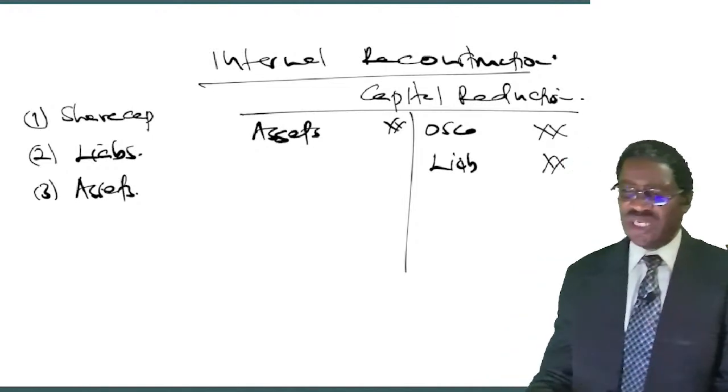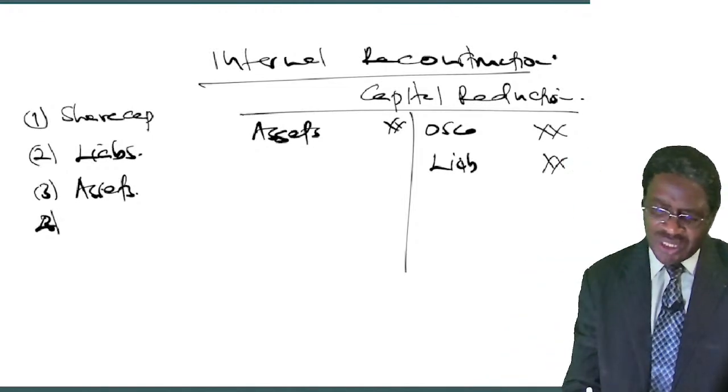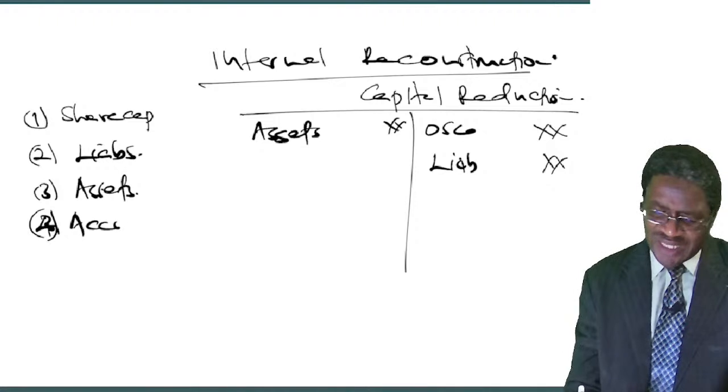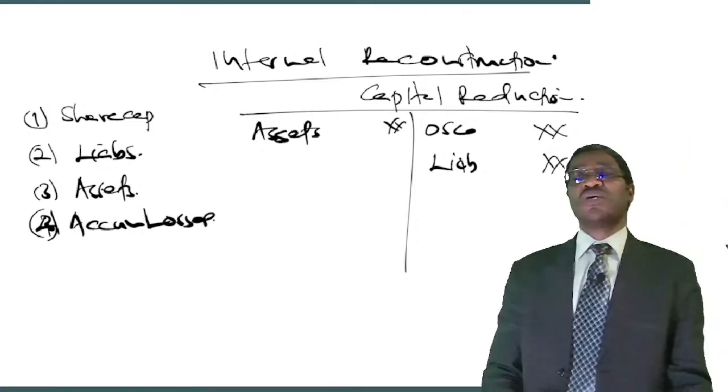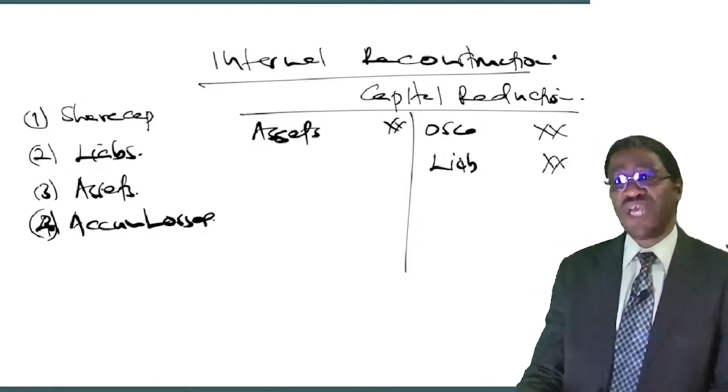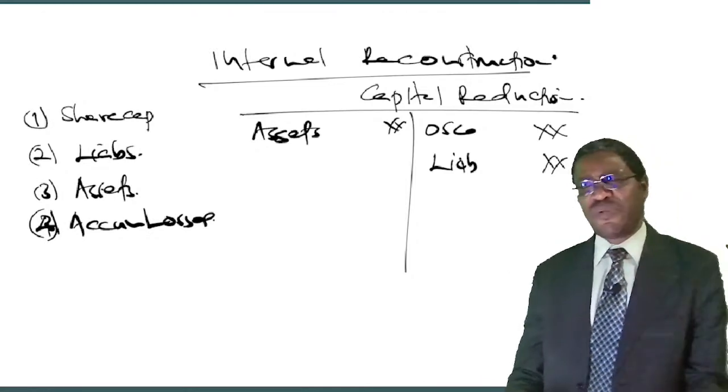Number 4, with accumulated losses written off. Whatever the accumulated losses are, they should be written off.